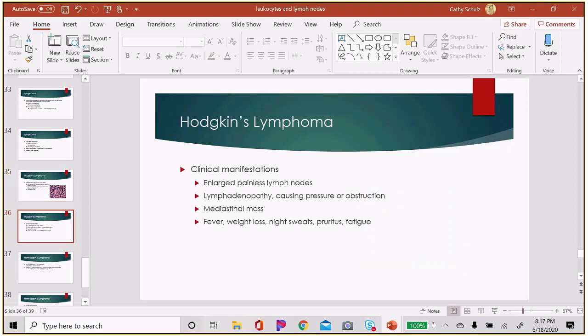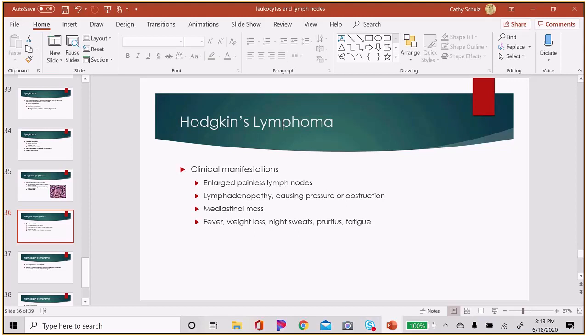The clinical manifestation of a lymphoma is that there is overgrowth and proliferation of malignant cells, so the lymph node becomes enlarged. But usually when a lymph node is enlarged from cancer growth as opposed to inflammatory and infectious growth, it's not tender or painful.